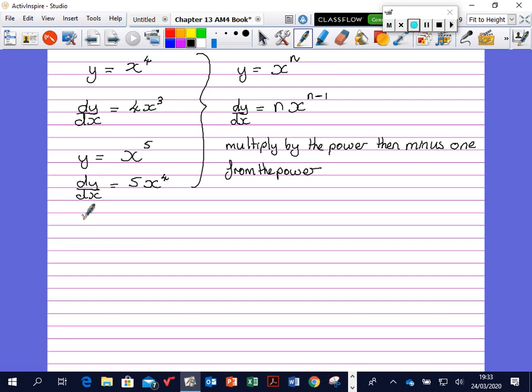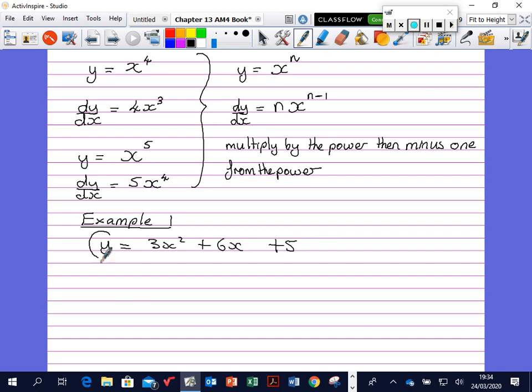Consider the following example. Example 1. y is equal to 3x squared plus 6x plus 5. We can apply the three rules that we have just looked at to each individual term of this quadratic expression.